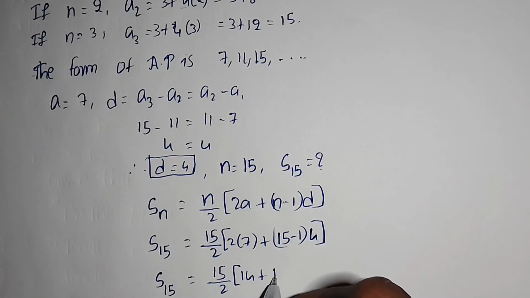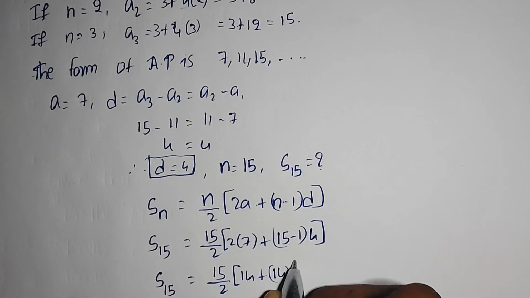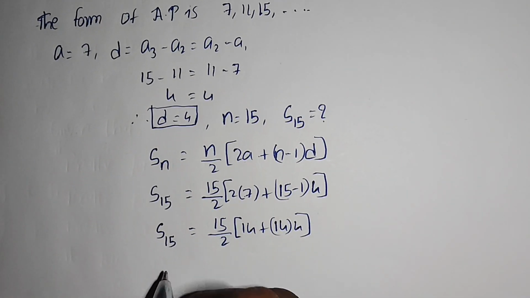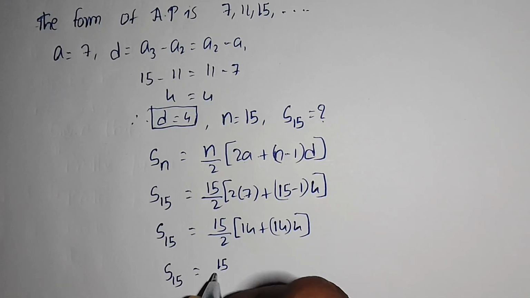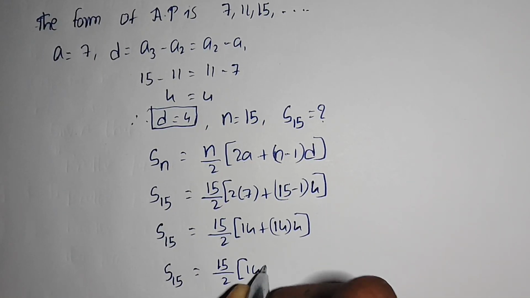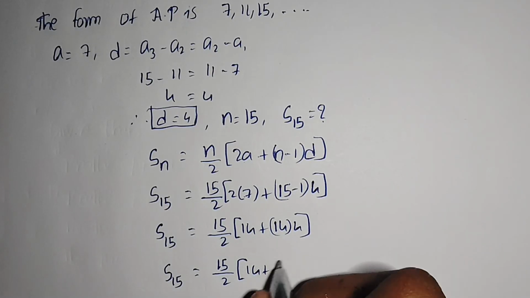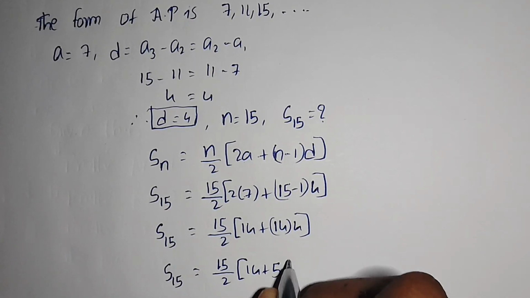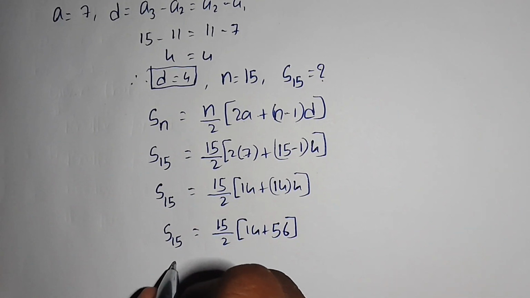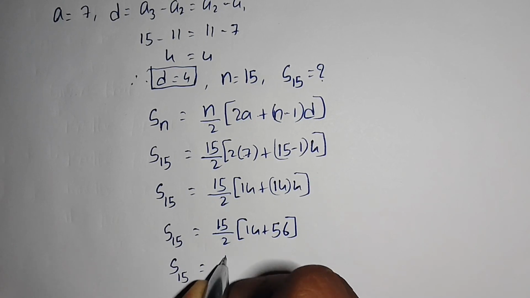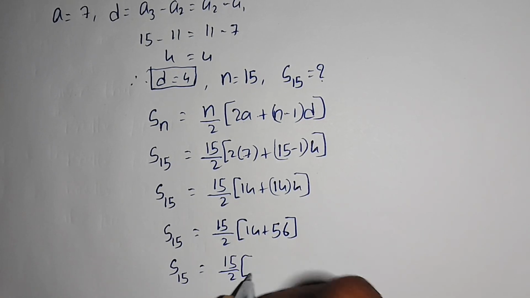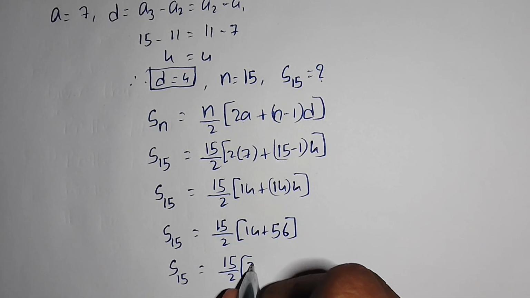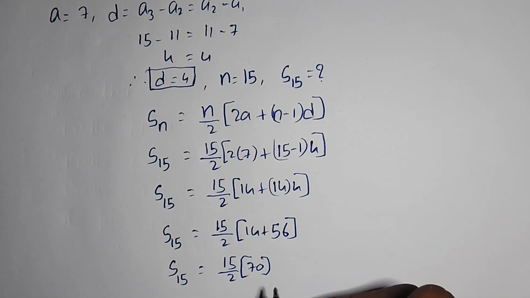Sorry, 15 minus 1 means 14, into 4. So the sum is 15/2 into (14 + 56), which is 15/2 into 70.